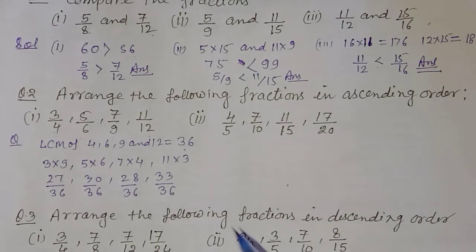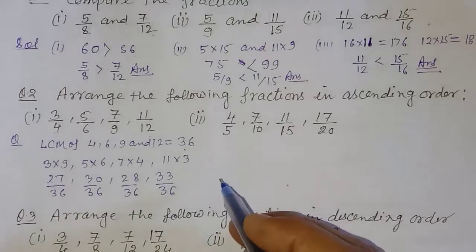So students, now arrange them in ascending order. So students, which is larger? 33 upon 36, that is 11 upon 12, is the larger.